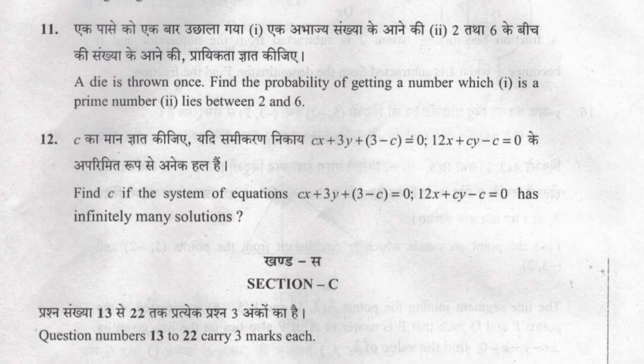11th question. In this, a die is thrown once and we need to find the probability of getting a number which, first part, is a prime number, second part, lies between 2 and 6. A die is thrown once, so outcomes will be 1 2 3 4 5 or 6.